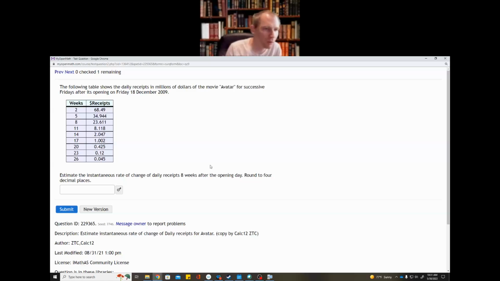So what we're given here is if I think of my weeks as being an input variable X and the receipts in dollars as being an output variable Y, I'm given a bunch of XY points. I don't have a formula for this function. I just have all of these XY points, right?